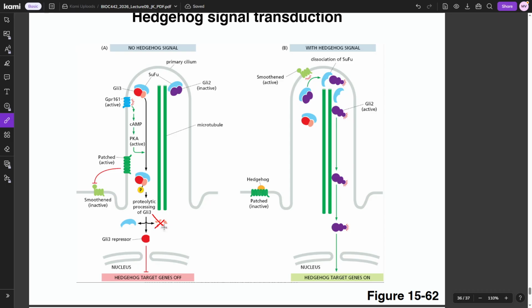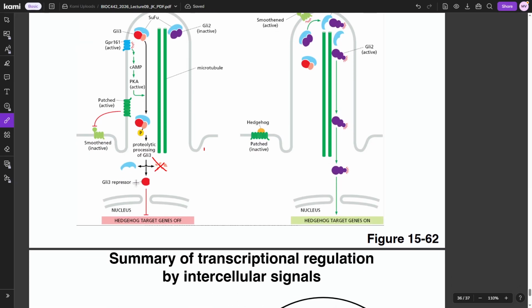Once this thing is degraded, the GLI3 repressor, which is the red part, dissociates from the SUFU, and once that happens, this is able to go into the nucleus and repress genes that are normally there to promote separation of limbs and stuff like that, or promote division.